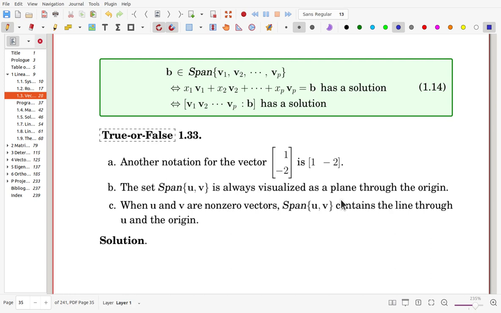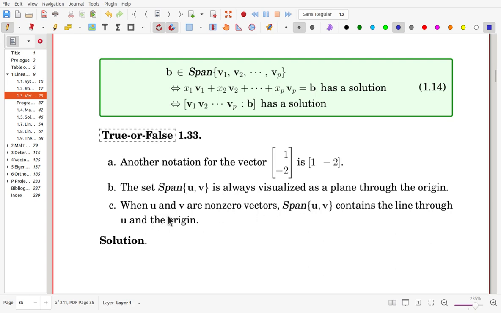And if U and V are both 0, then the span will be 0, a point at the origin. So eventually the span of U and V can be a point, a line, or a plane. Not always a plane, so it is false.